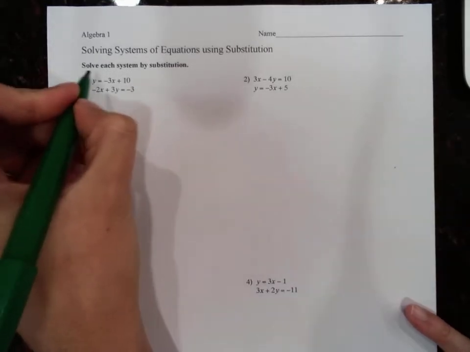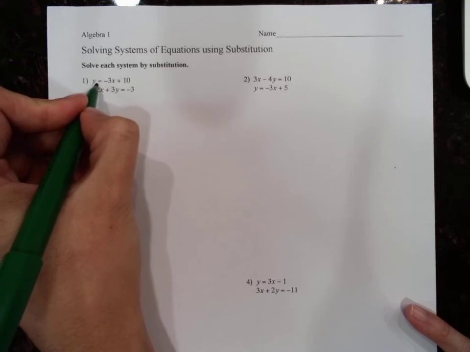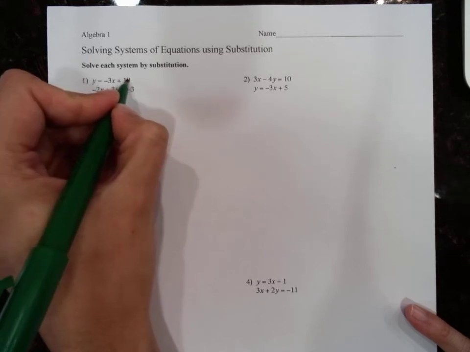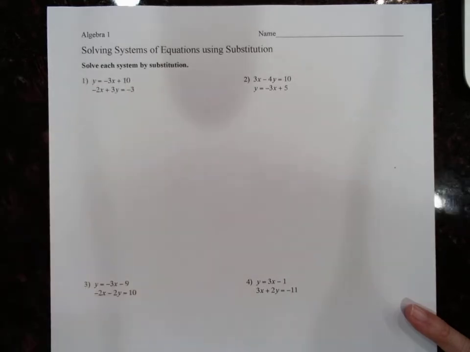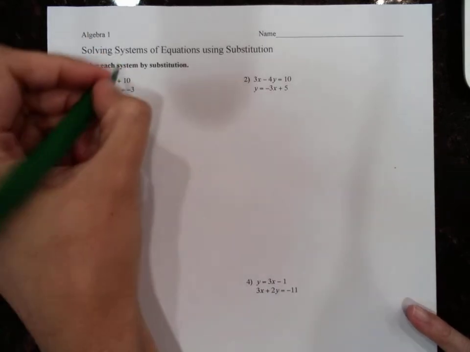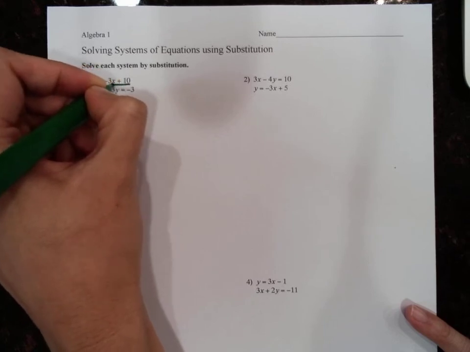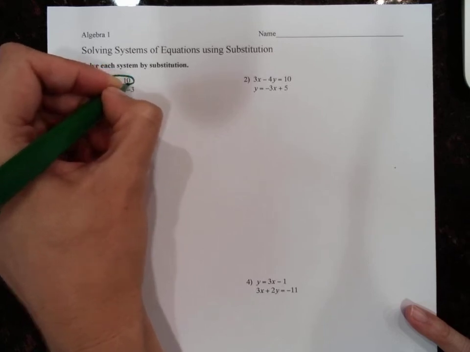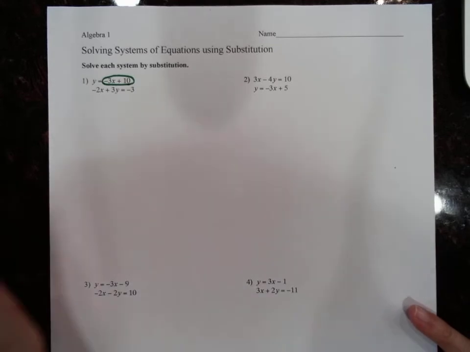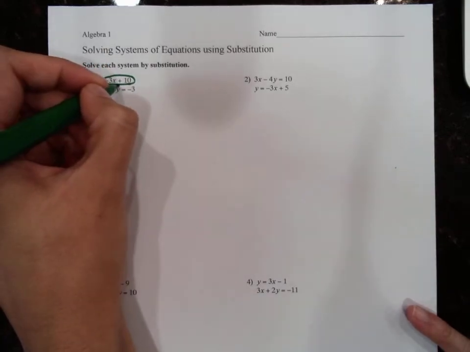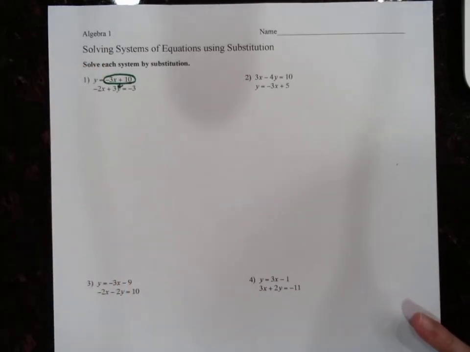So which one is solved? That's this one, the first equation. We know y equals negative 3x plus 10. And we're going to substitute that in for the y in our other equation.